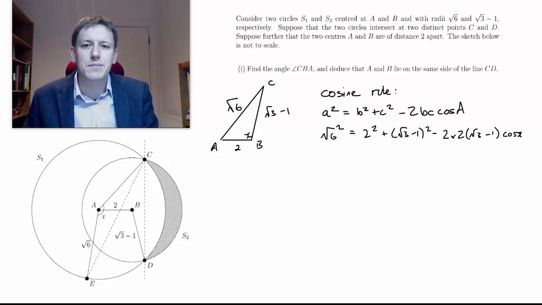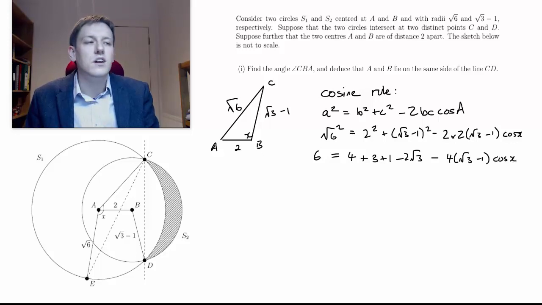So if we just sort out the numbers here, √6 squared is 6, and I've got 4, (√3 - 1) squared, so that gives me 3 plus 1 minus 2√3, and then here I've got minus 4 times (√3 - 1) times cos x.